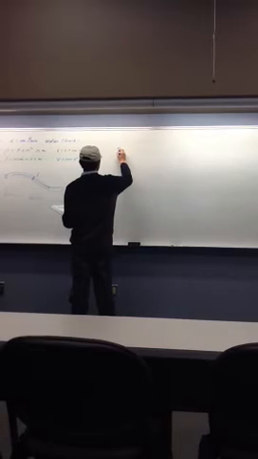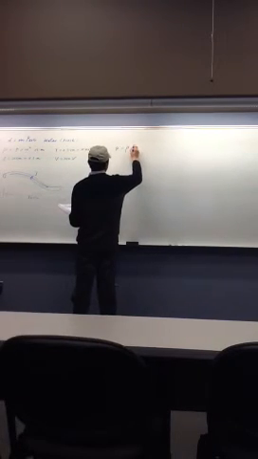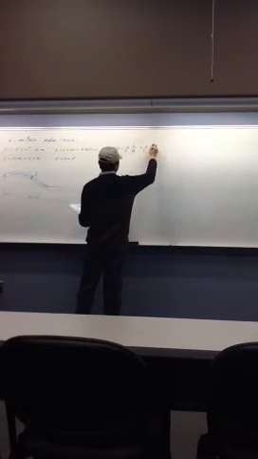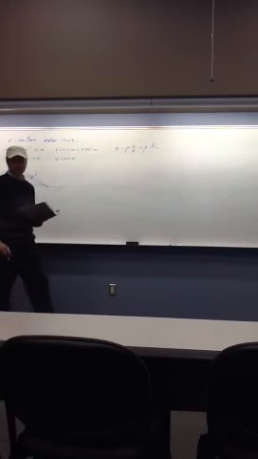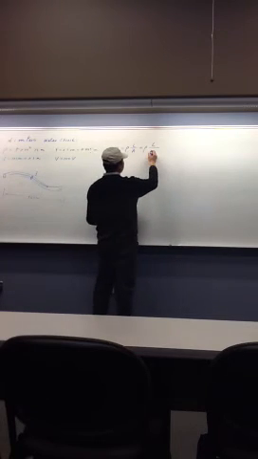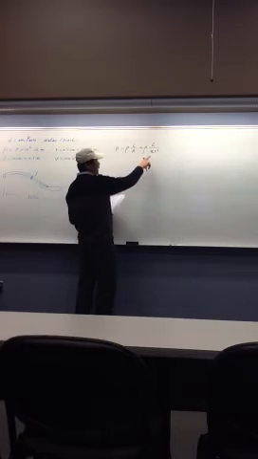Therefore, we calculate resistance first. It equals rho times L over A. Just keep going one more step. You know L, but you don't know A. You know the radius, so how do you calculate the area? Pi r squared. You just replace A by pi r squared.